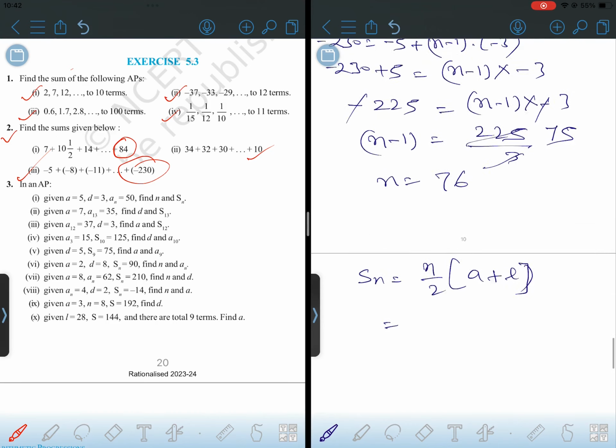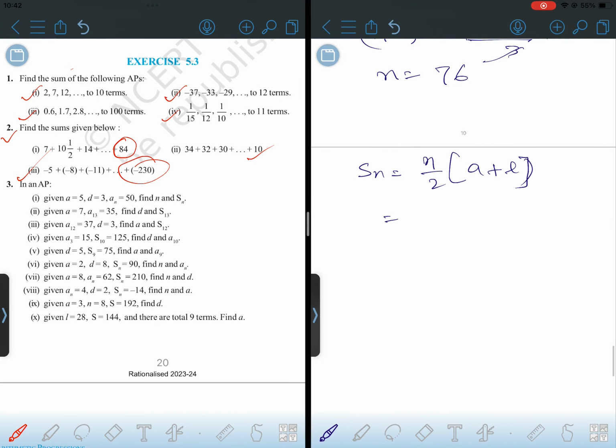It is 76. 76 upon 2. The value of first term is minus 5 and last term is minus 230, right? So let me solve this. This is 38, and then both will be added. So this is minus 235.